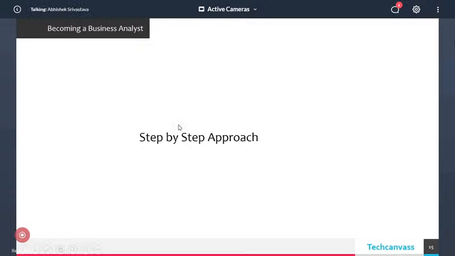Okay, so it clearly means that the future as a business analyst is quite good and quite promising, provided you always focus on learning and upgrading yourself at regular intervals. It is not something where you learn something, become a business analyst, and then you are done.